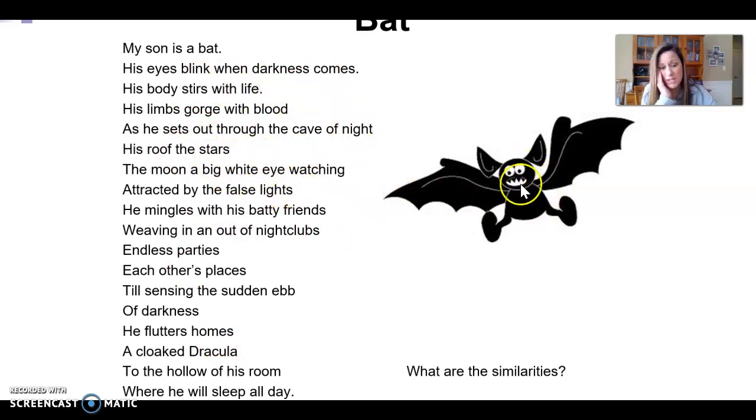When we're dealing with bats, we call them nocturnal animals, that they do their activities and come out at night, and then they sleep during the day. So this is why this comparison is being made here, because she's saying that her son sleeps all day and is very active at night. Okay. So, really think about the items being compared and what kind of meaning they have.